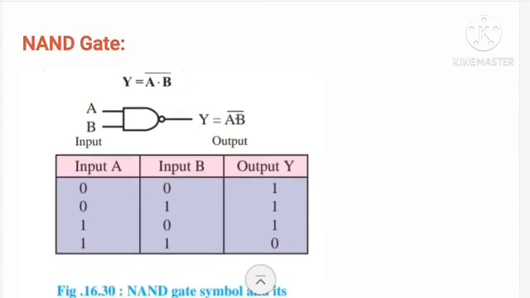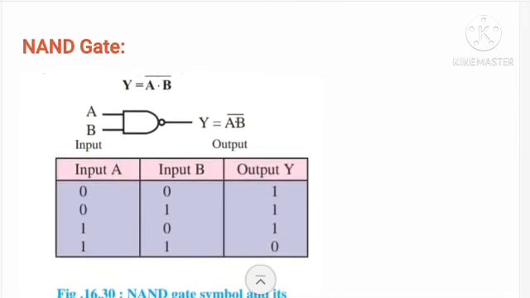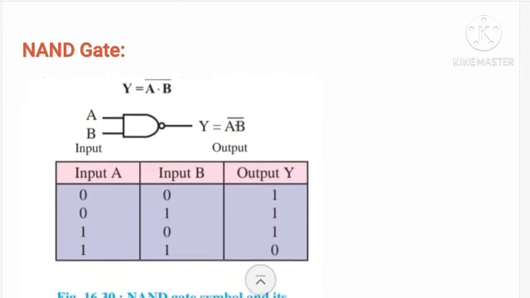That's why whenever one of the inputs is low or both the inputs are low, we will get output equal to 1. The only condition is that when both inputs are high, the output of the NAND gate must be 0. So this is the NAND gate.